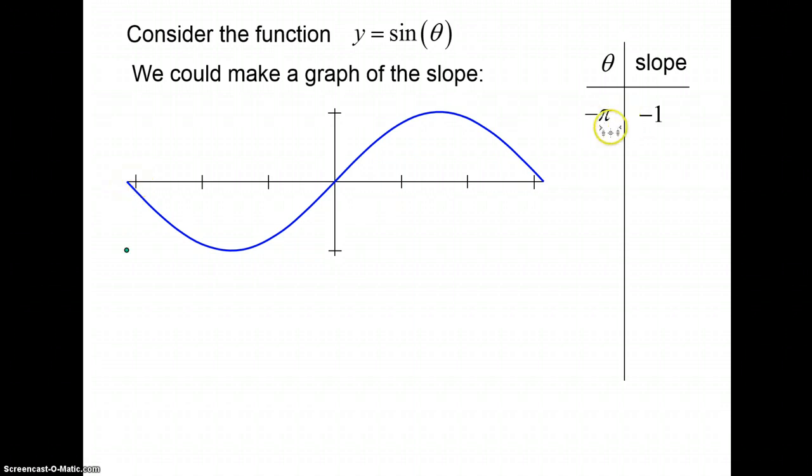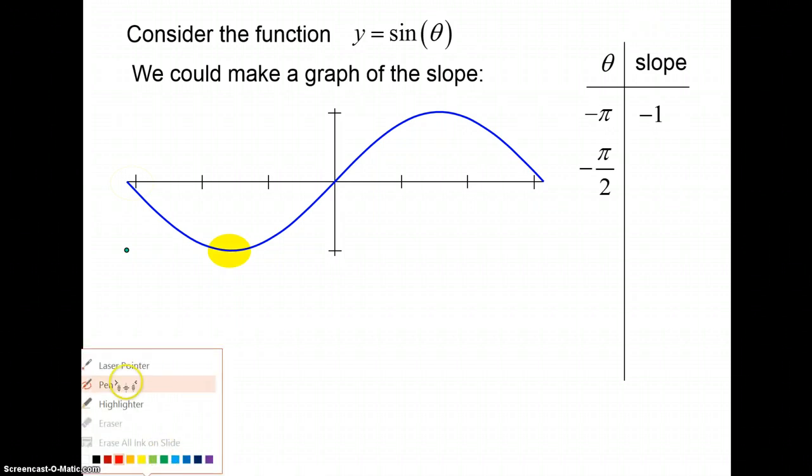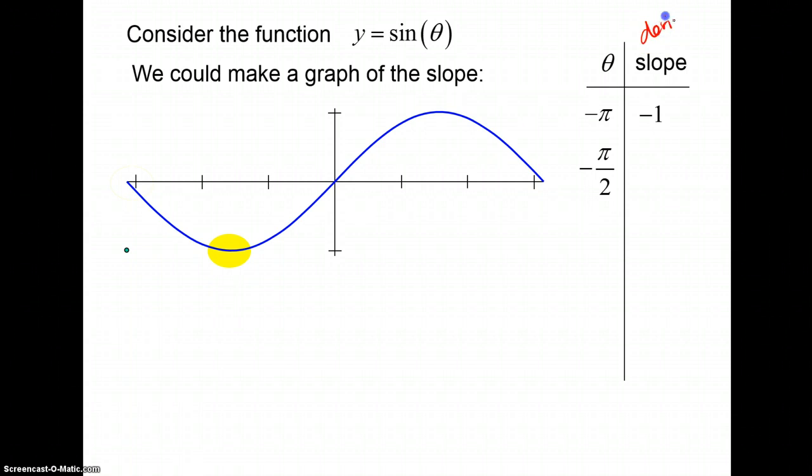Notice that this slope of negative 1, slope is another word for derivative, so I'm going to write derivative up here. At negative pi, the slope is negative 1. I've put that there. That's going to be our y value of the derivative.